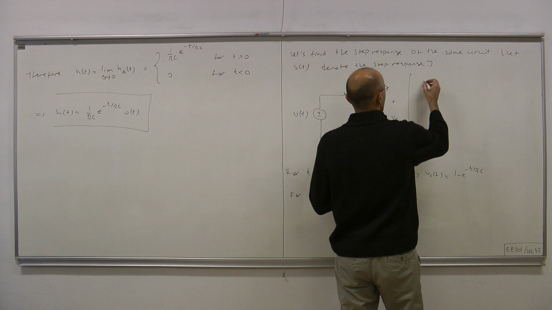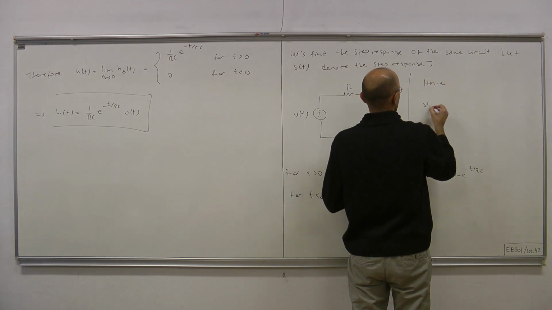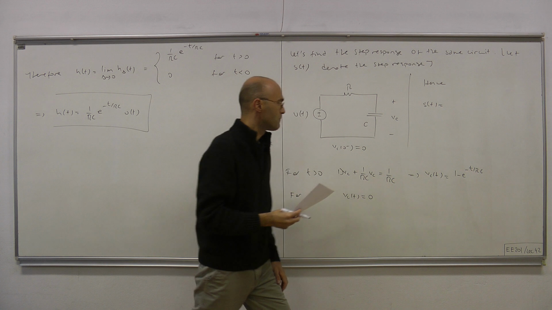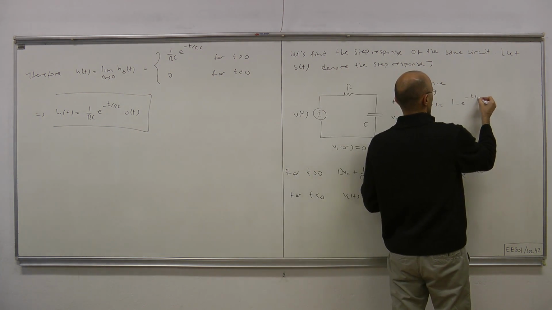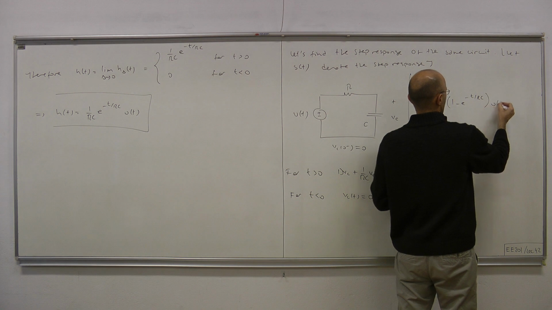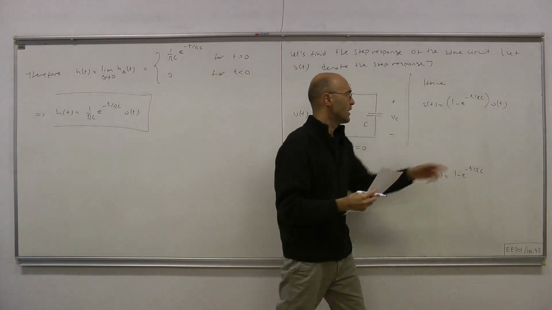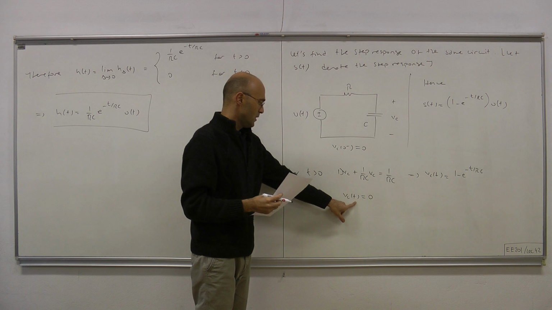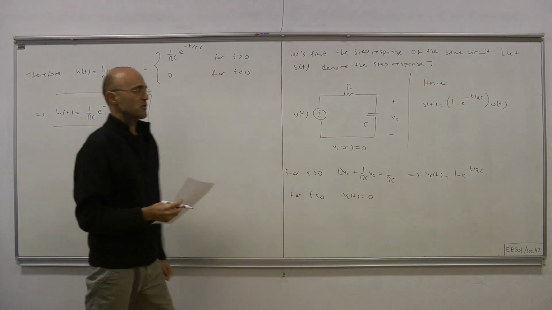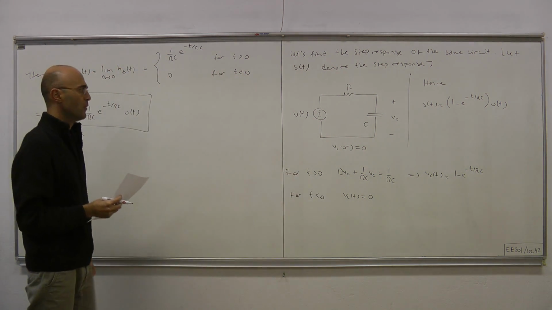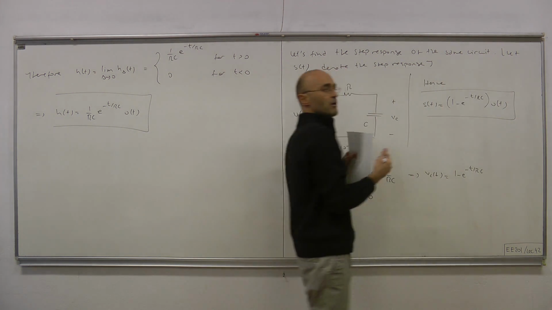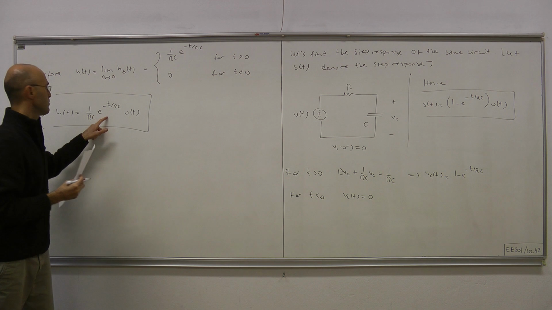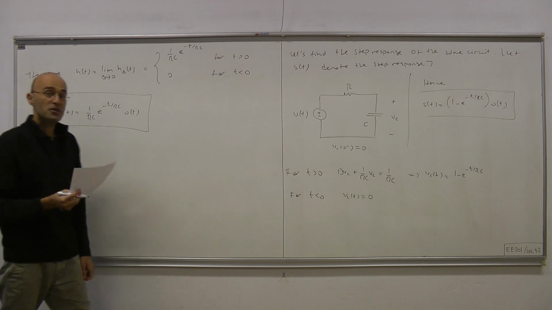Therefore, S of t must equal 1 minus e to the minus t over RC, times u of t. And this u of t takes care of the fact that the capacitor voltage is 0 for negative times.